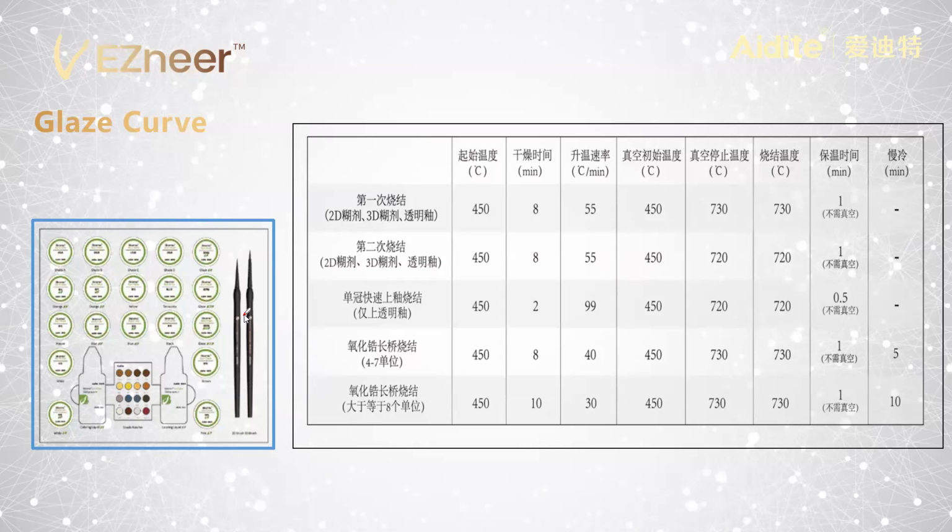So we only need to brush a thin layer of glaze, which is enough. And if they want more translucency in the incisal part, we can also use the 3D glaze, or we can use some special colors like black, blue one, or blue two to make the incisal part look more translucent.